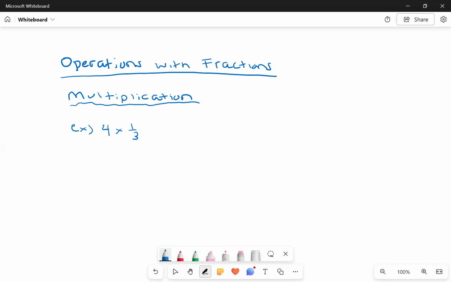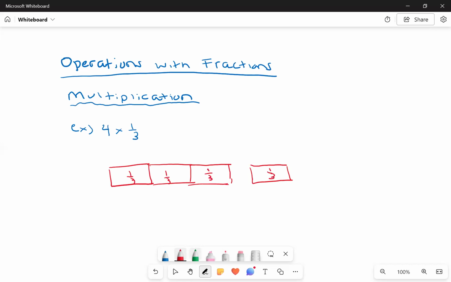Okay, so here we go. Let's look at this example of 4 times 1/3. One way we can visualize 4 times 1/3 is the idea that we use repeated addition. In other words, if each of these blocks represents 1/3, and we have 4 of them, I'm going to put a space between those: 1/3, 1/3, 1/3.